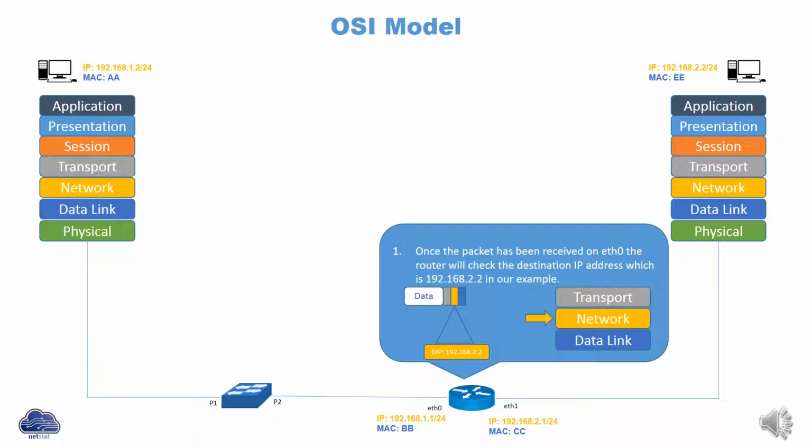Once the packet has been received, the router will check the destination IP address, which is 192.168.2.2 in our example.